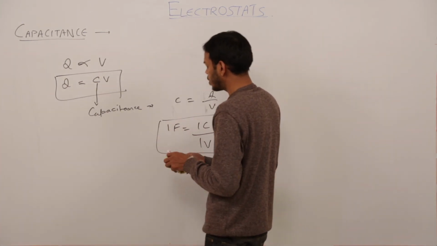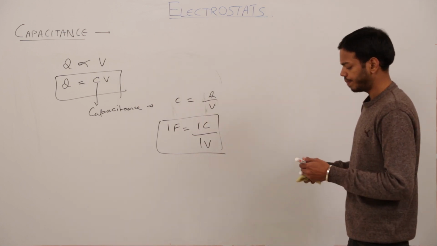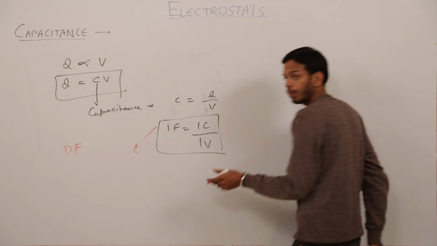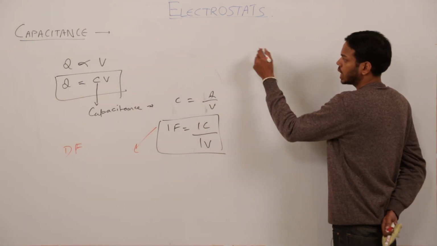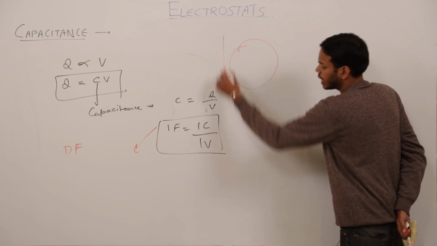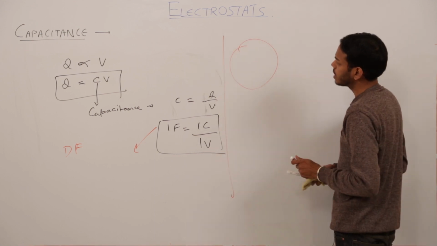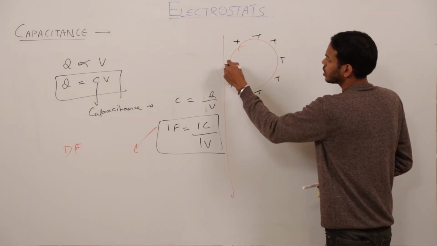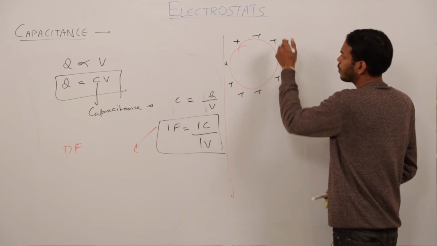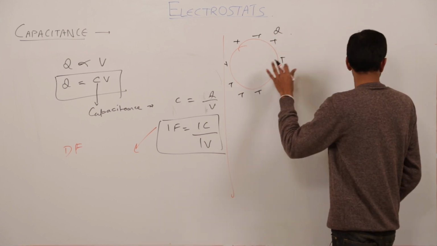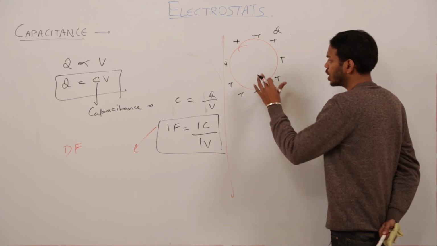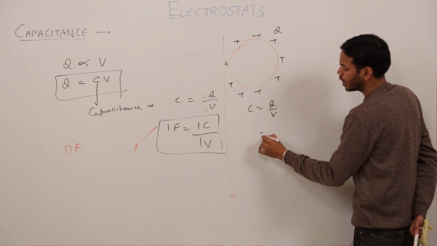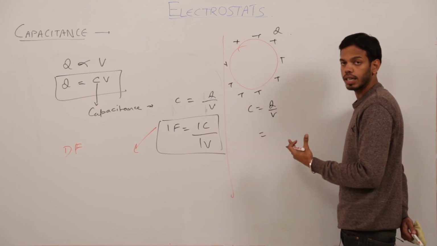How do we practically apply this formula? I'll also tell you how to derive the dimension formula, but first let us apply it on a spherical capacitor. Consider this is our spherical capacitor and I have given it a charge equal to Q. Its potential would be V. So C is equal to Q upon V. What is the potential for a spherical conductor having charge Q?